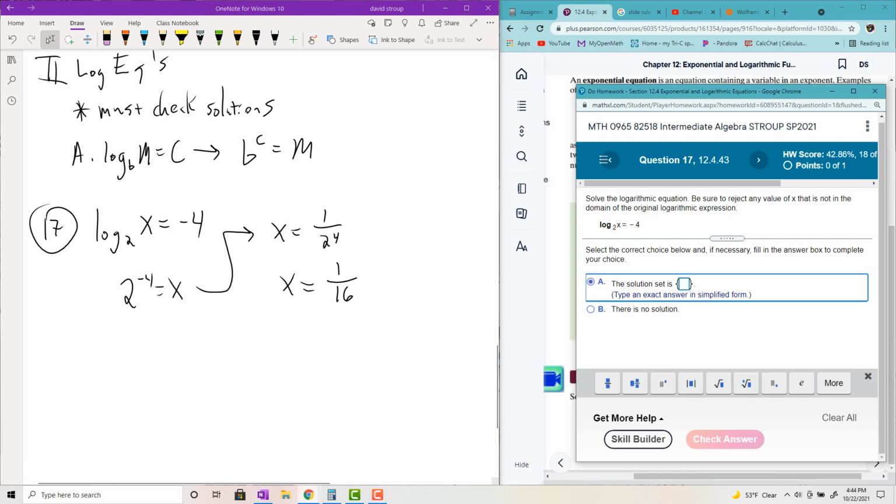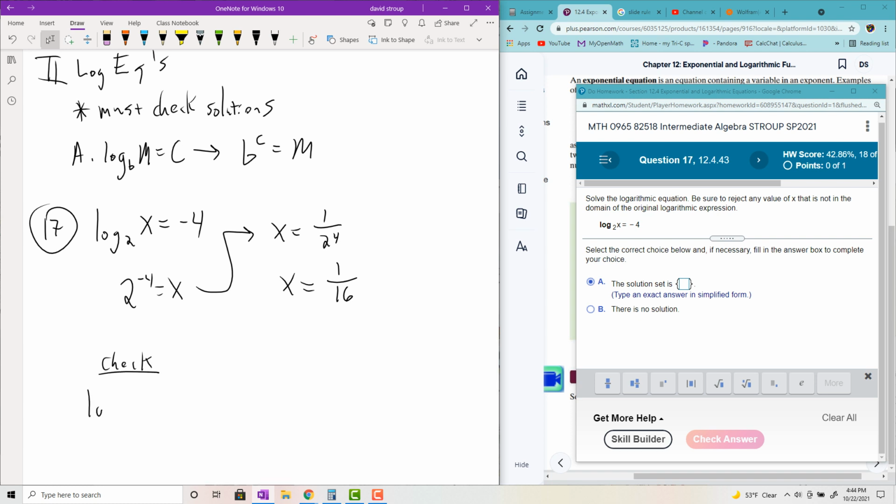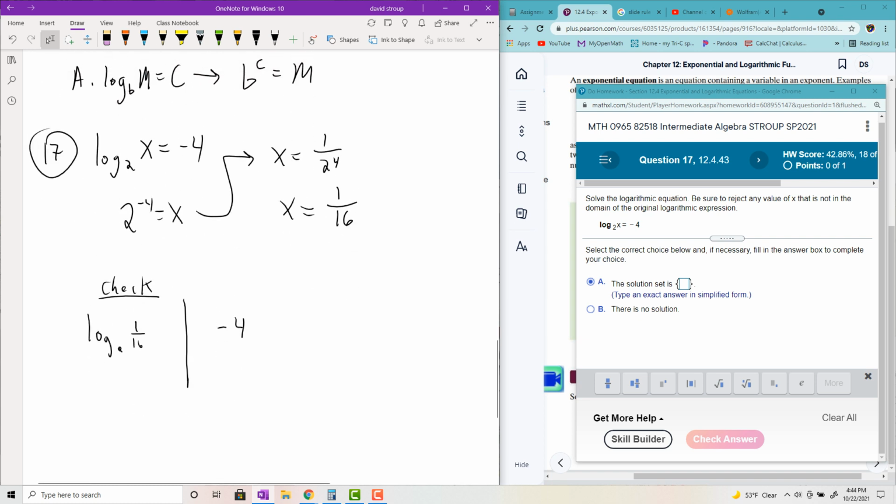Oh, we gotta check. When you do checks, you have to keep the two sides separate. On the right side, you should end up with a -4. On the left, log base 2 of 1 over 16. So 2 to what power equals 1 over 16? 1 over 16 is the same as 1 over 2 to the 4th, and 1 over 2 to the 4th is 2 to the -4.